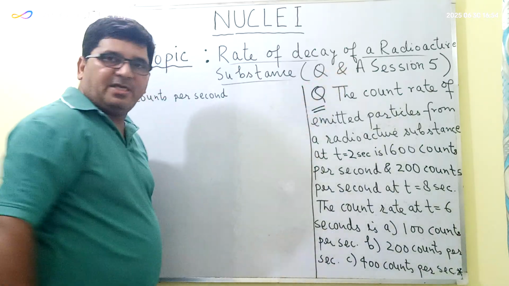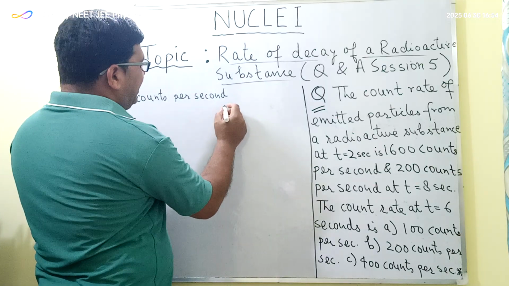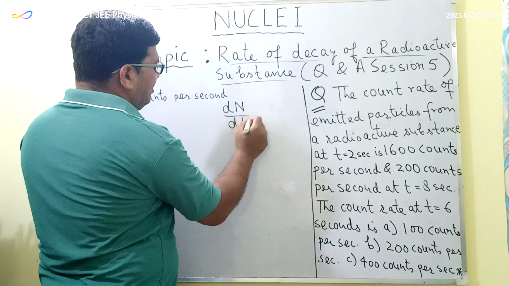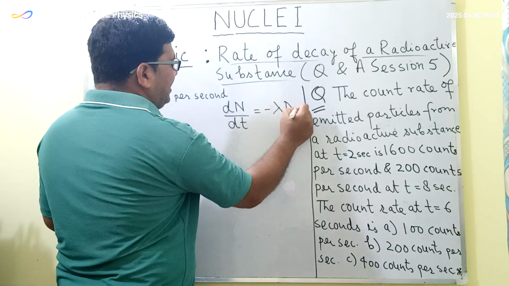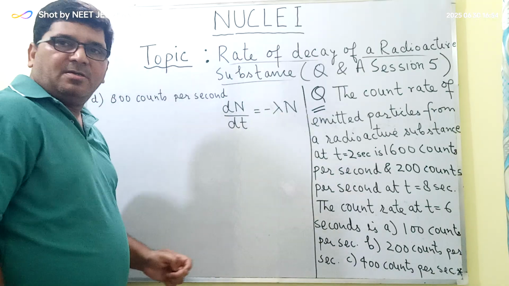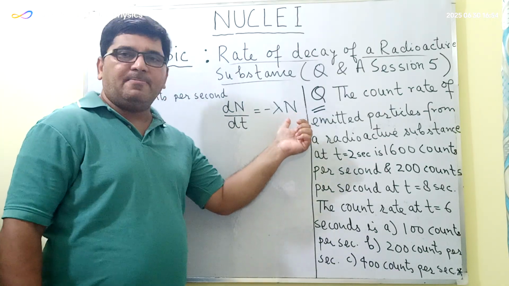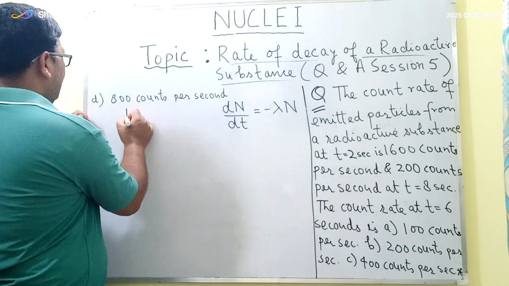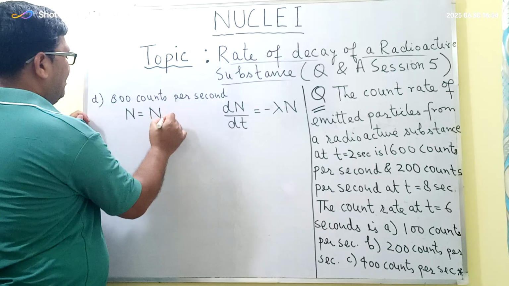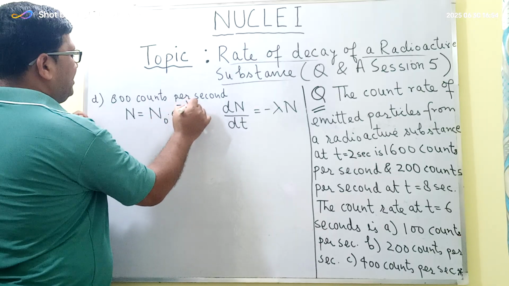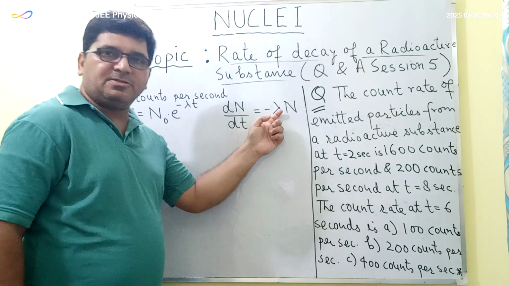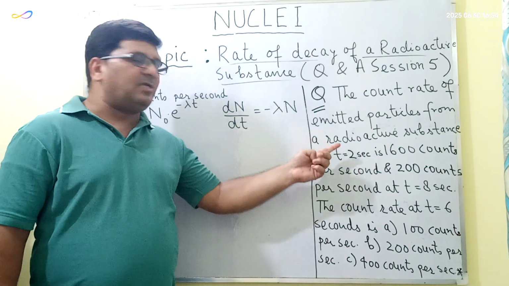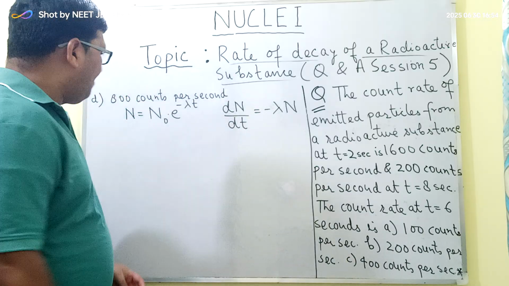In the previous session we have studied that the rate of decay of a radioactive substance, that is dN upon dt, is equal to minus lambda N, where N is the number of radioactive nuclei present at any moment of time. There was one more relation, N is equal to N naught multiplied by e to the power minus lambda t. Here lambda is the decay constant, and N naught is the number of radioactive nuclei present at t equal to 0.